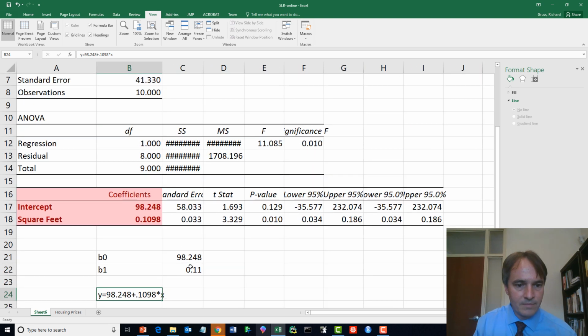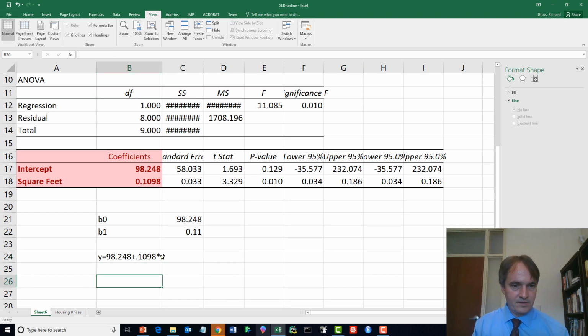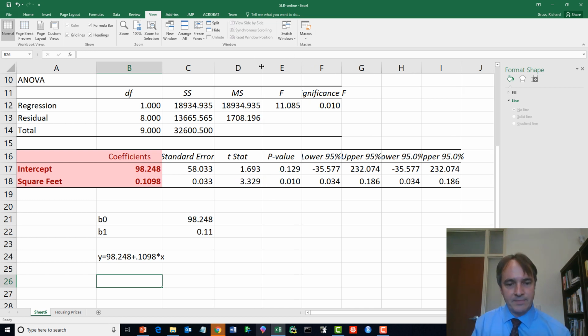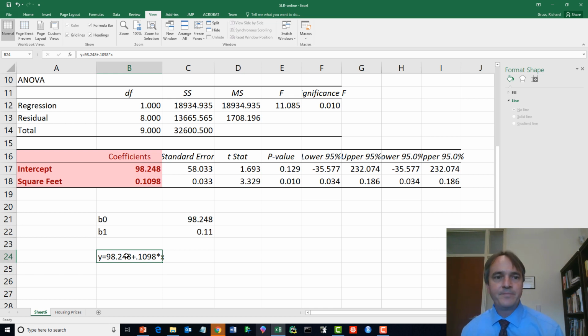Based on this equation, if you plug in 0 for x, then you will wind up with 98,000. So this is an example of a case where that intercept, while that does appear to be the true value of that estimate when x is 0, doesn't really make much sense in the real world because you can't have a size 0 house.